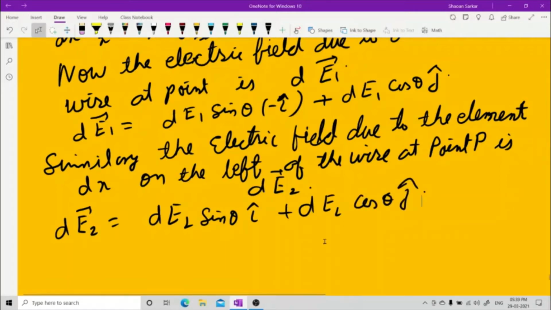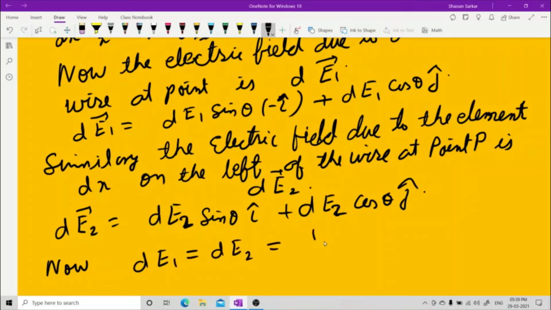Now see one thing. dE1 numerically is equal to dE2 numerically, which is nothing but 1 by 4 pi epsilon naught lambda dl upon x square plus y square.